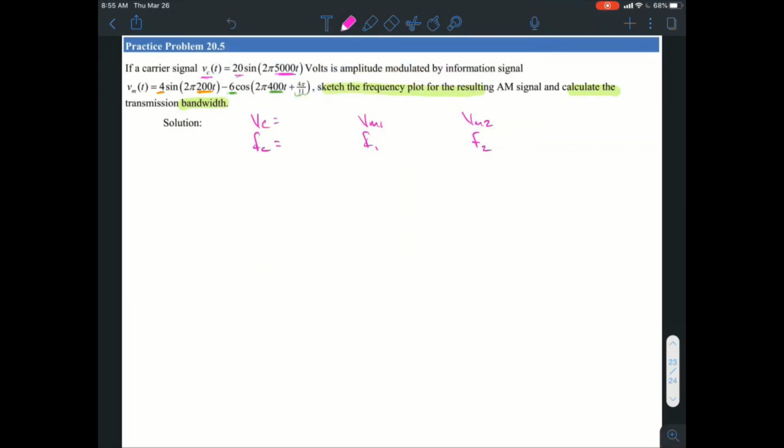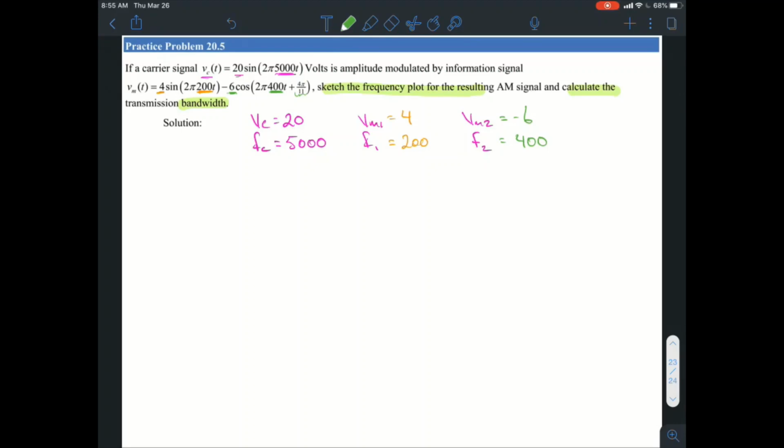So V sub C, 20 volts, and the frequency there, 5,000. So for V sub M1, we're going to have 4, and F sub 1 will be 200, and then we will have V sub M2 as negative 6, and then we have 400. So in this course, we are not concerned with phase for our frequency plots, so we're going to ignore that at this point in time.